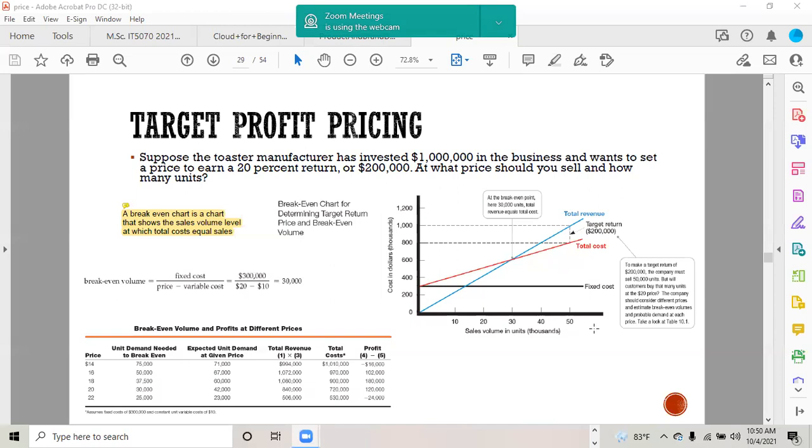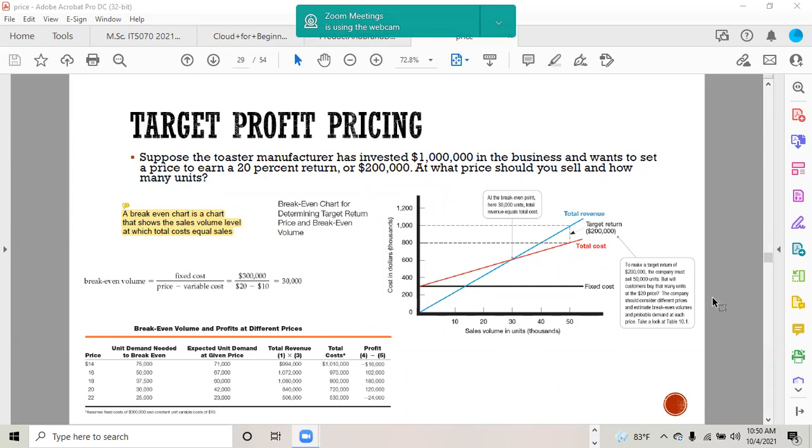Give me a minute. Can you see the screen? Yes, sir, we can see.